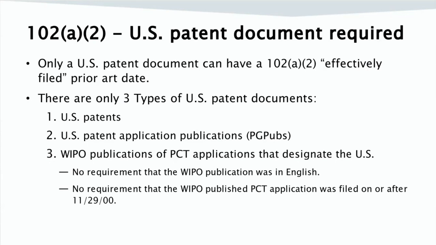When it comes to U.S. patent documents resulting from PCT applications under AIA 102(a)(2), there is no requirement that the WIPO publication be in English in order to use the PCT application filing date as a 102(a)(2) prior art date.